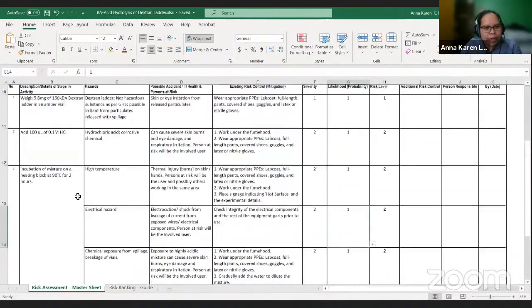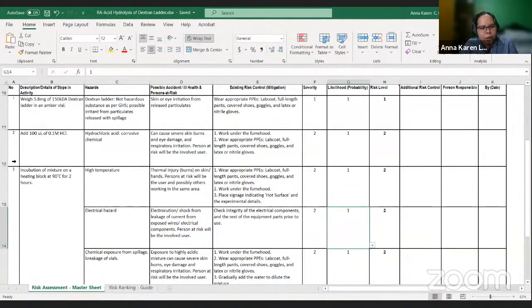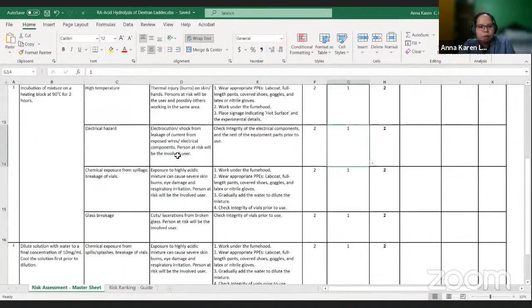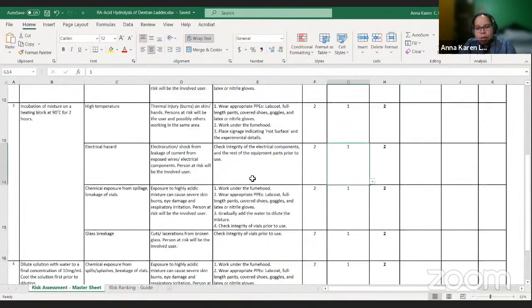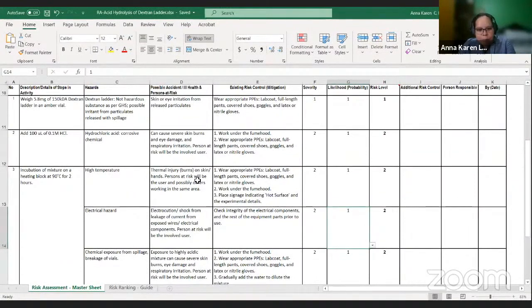Also for this one, as you can see, incubation of the mixture at 90 degrees for two hours. You have to consider the hazard of working at high temperature, electrical hazard from the use of electrical equipment, chemical exposures, and glass breakage, and these have to be evaluated separately.